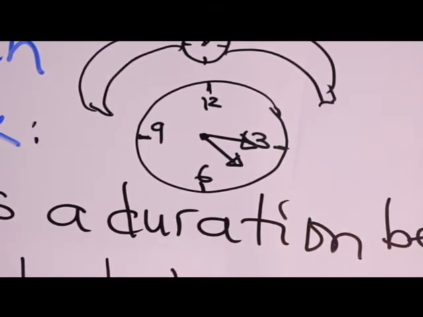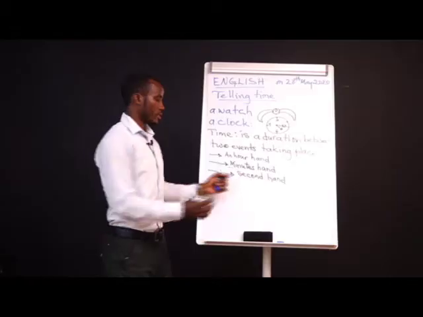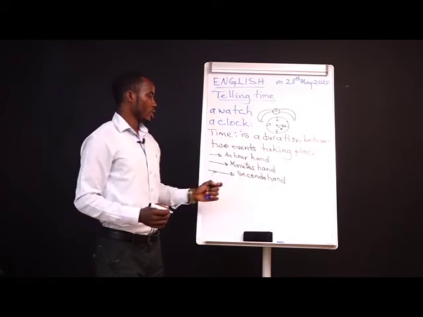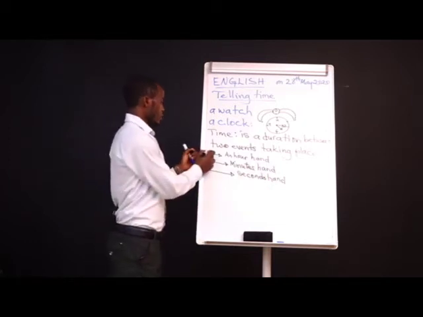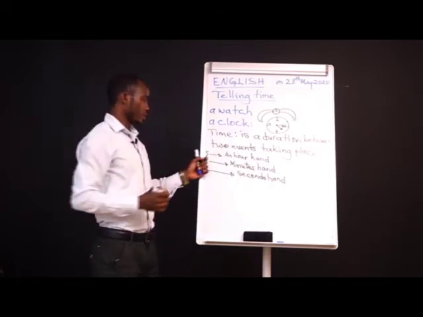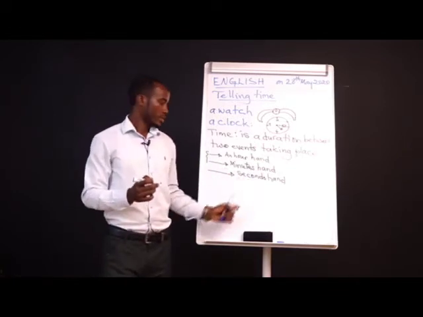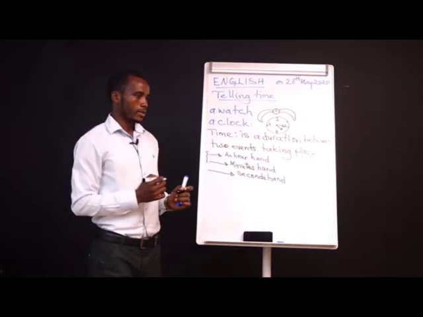This is second hand. It shows the seconds, okay? Seconds hand. Most of the watches or the clocks have these two, but in some of them you will find second hands, okay?